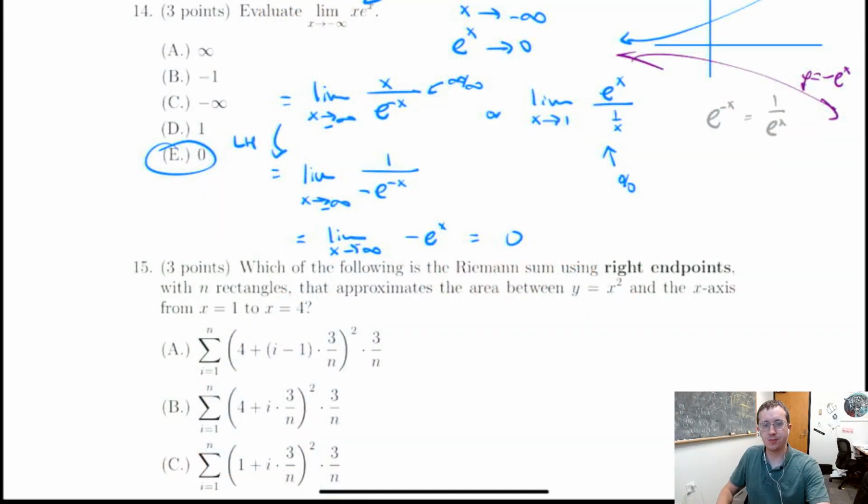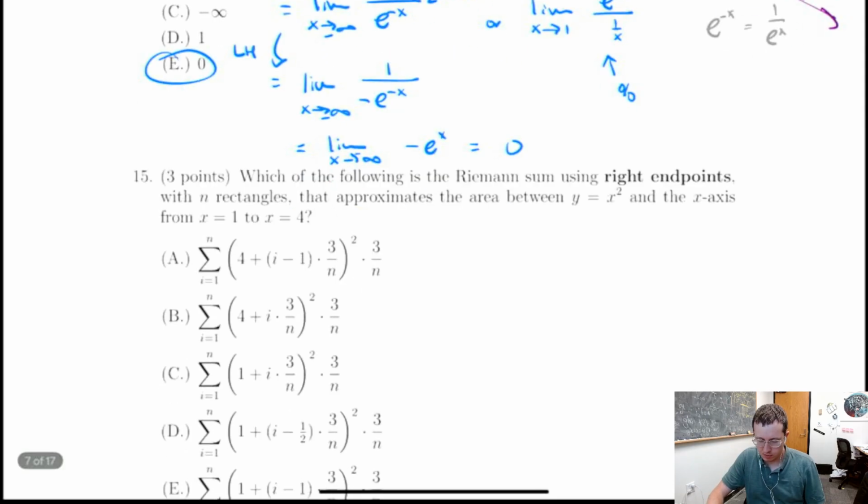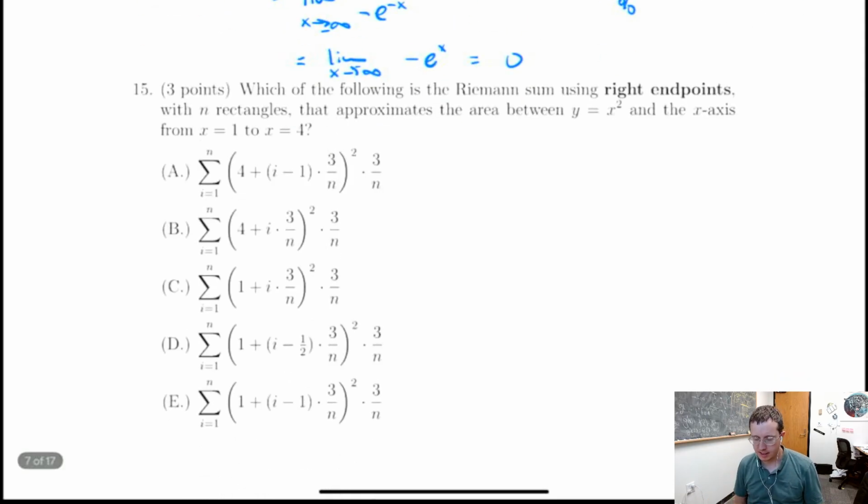So, we left off with question 15. Which of the following is the Riemann sum using right endpoints with n rectangles that approximates the area between y equals x squared and the x-axis from 1 to 4?